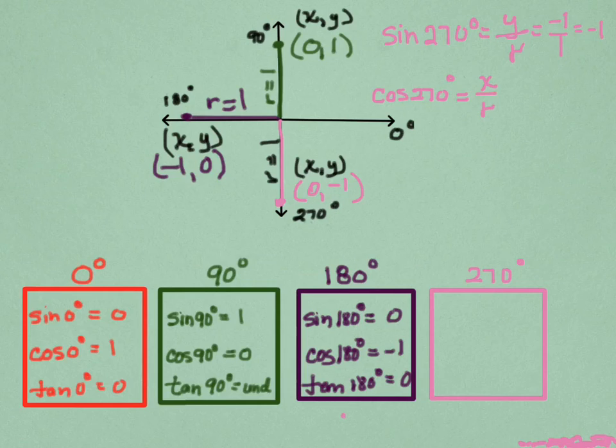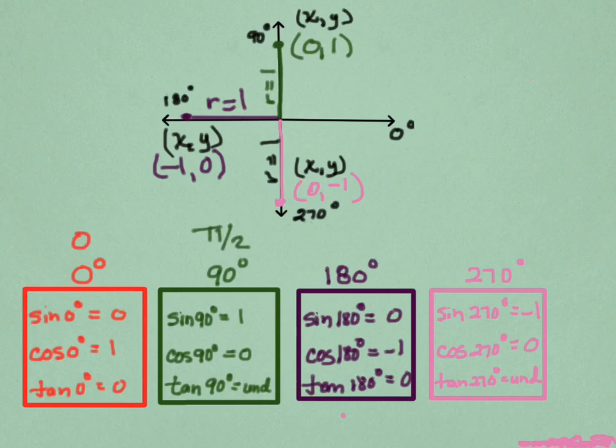Our cosine of 270 is x over r, which is 0 over 1, which is 0. And tangent of 270 is y over x, which is -1 over 0, which is undefined. So sine of 270, cosine of 270, tangent of 270.